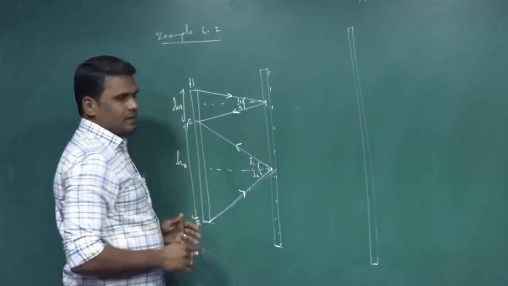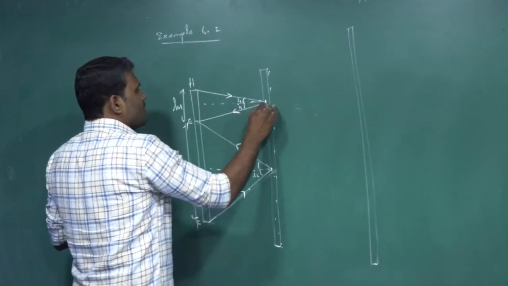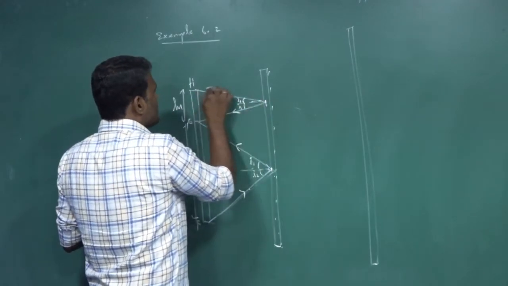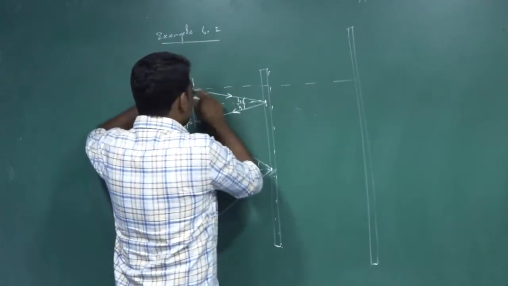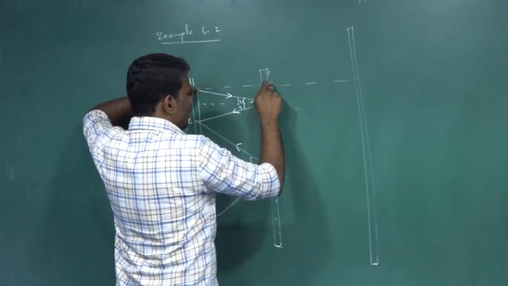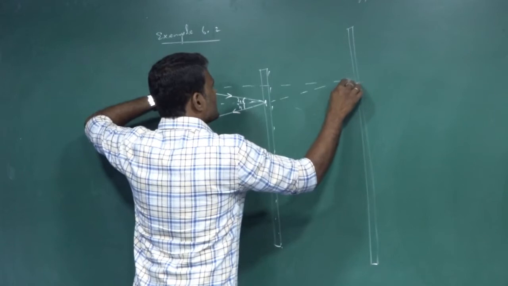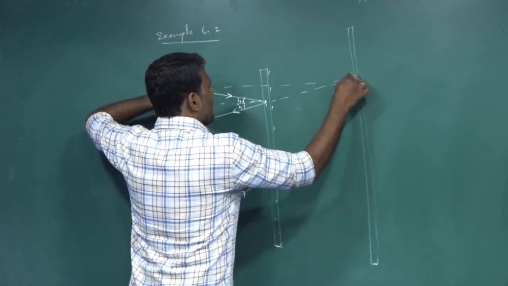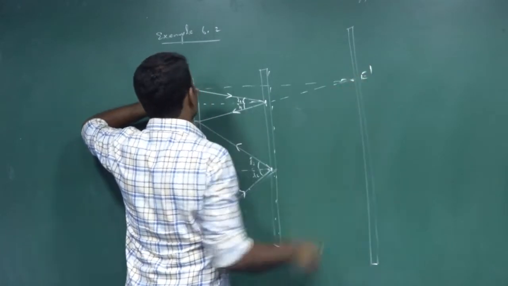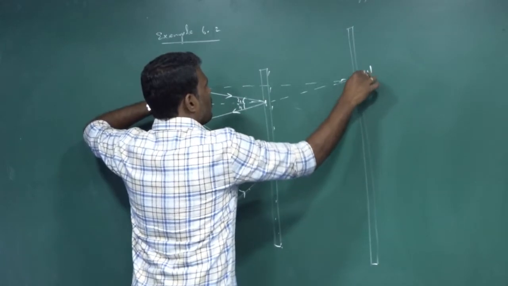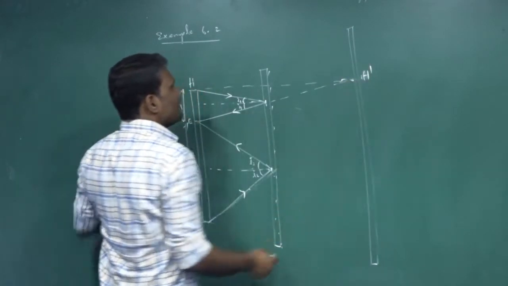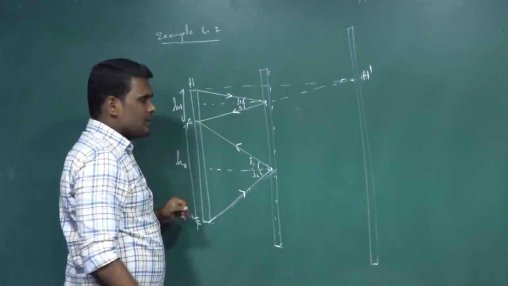When the reflected rays are produced backwards, this is the direct ray from the head passing through the plane mirror, a perpendicular ray. When this ray is produced backwards, it meets at this particular point so that the image H prime will be formed, which we can call the head of the image of that person.